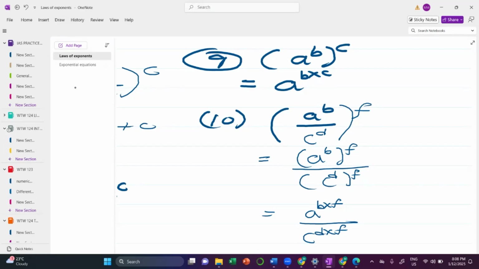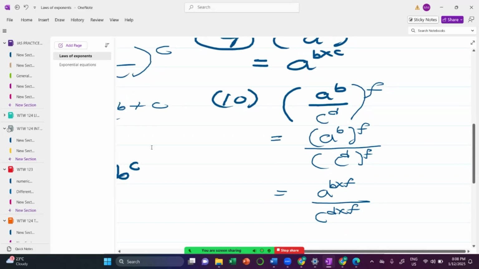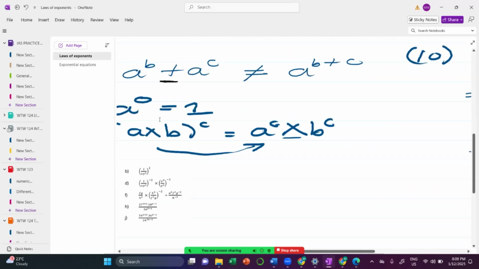So even here with c, we have c to the exponent of d, but now all raised to the exponent of f. So we keep the base, which is c, and multiply the exponents d and f. You guys understand that? Yes, sir.